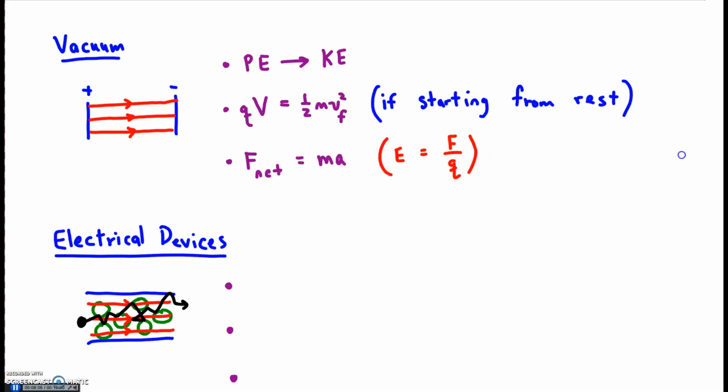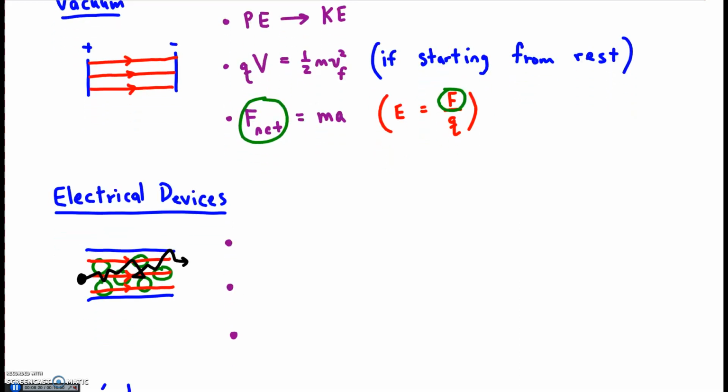Finally, the object accelerates because it feels a net force, and the net force that it feels is the Coulomb force. In an electrical device, the energy change is different. Instead of converting potential to kinetic, we convert potential into heat that's transferred to the device.